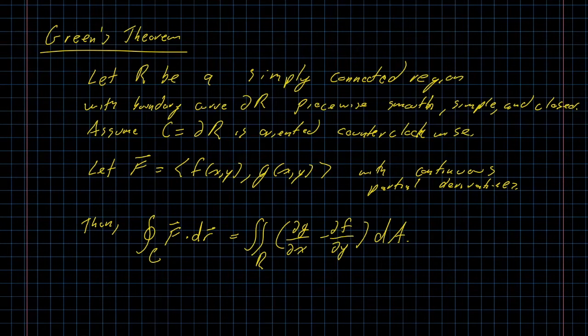Let's consider R, a simply connected region. Let's consider the boundary of this, which is piecewise smooth. Piecewise smooth we haven't talked about. We've talked about smooth curves in general. A curve is smooth if it's differentiable and the derivatives are never zero.